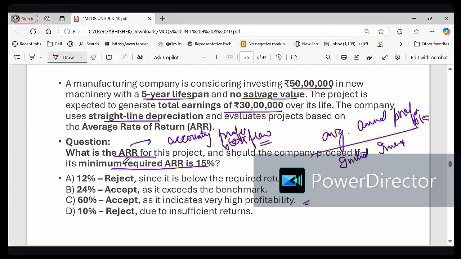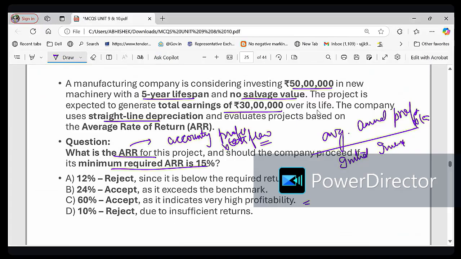So can you calculate the average annual profit in this case? The project is to generate a total earning of 30 lakh over its life.